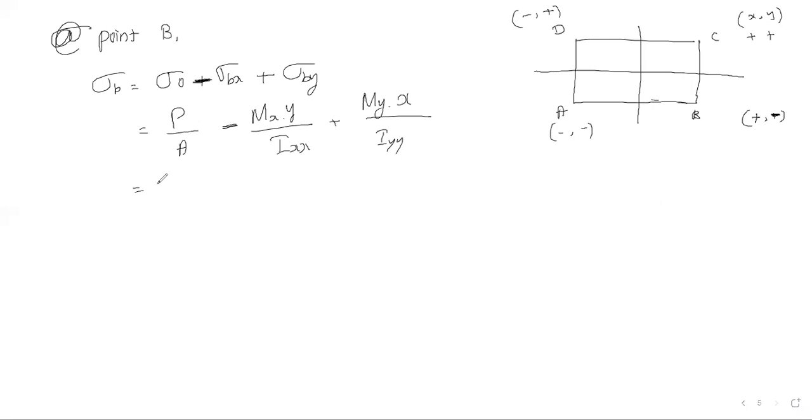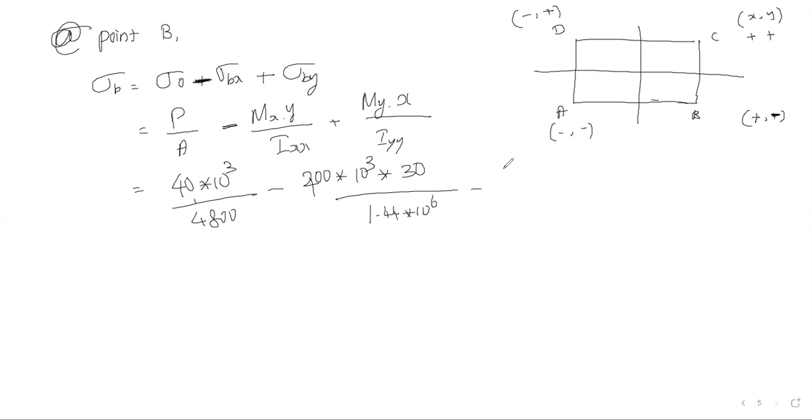So the value of P by A is equal to 40 into 10 cube divided by 4800 minus Mx 400 into 10 cube into y value 30 divided by Ixx 1.44 into 10 to the power 6, minus My 200 into 10 cube into x value 40 divided by 2.56 into 10 to the power 6.